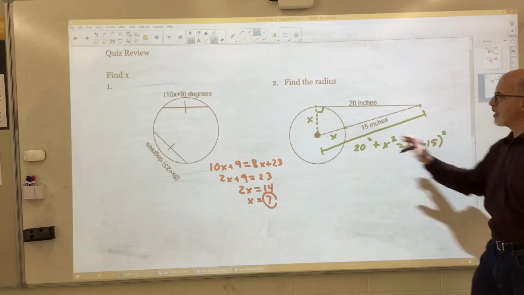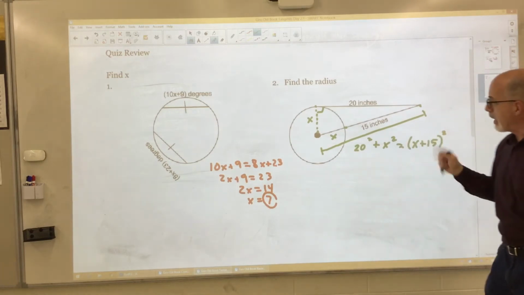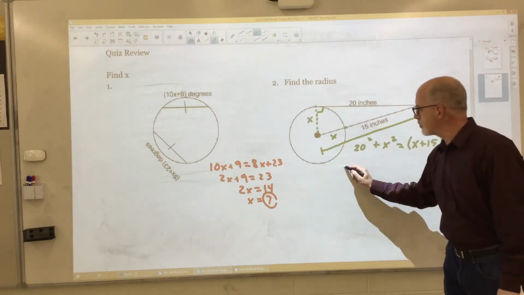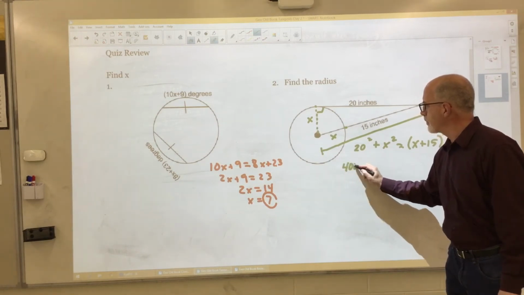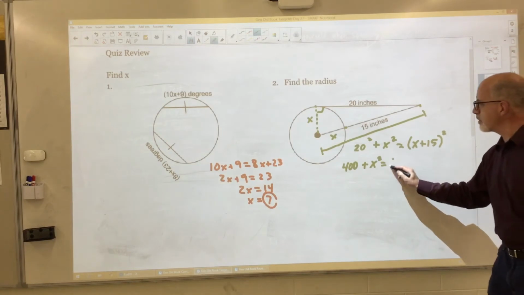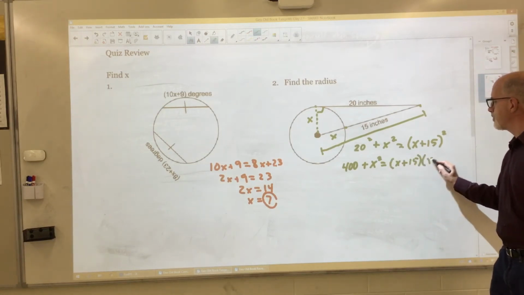We have to square the entire side, since that's the hypotenuse. Now we have to do a little bit of algebra to review. First of all, 20 squared is just 400 plus x squared. Over here, x plus 15, we're going to multiply that out.